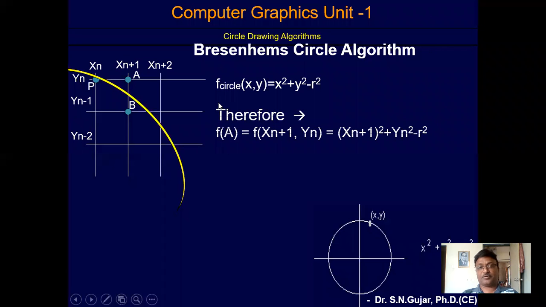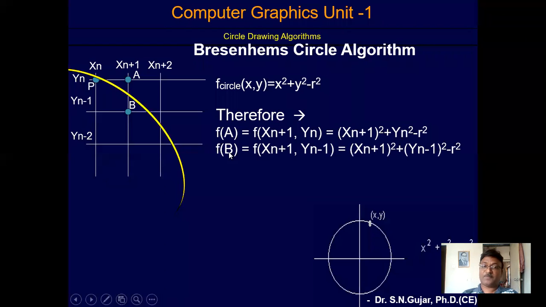Therefore, f of A is f of xn plus 1, yn, because the coordinates of A are xn plus 1, yn. Putting this coordinate in the equation, it is equal to xn plus 1 whole square plus yn square minus r square.